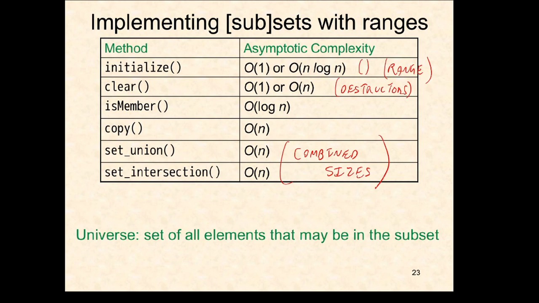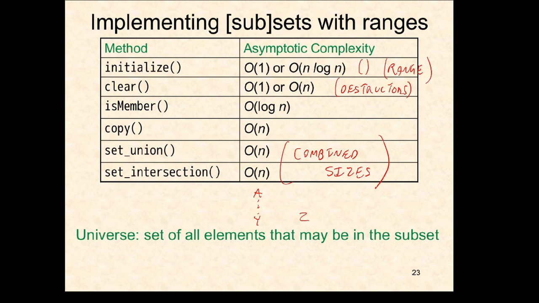When I do set intersection, think about if I had a container that was filled with names starting from A through Y, and then container 2 had one name that started with Z. I would still have to go through everything in container 1 before I get to the end of container 1, and that's still basically O of n minus 1, which is O of n. And this is the maximum.